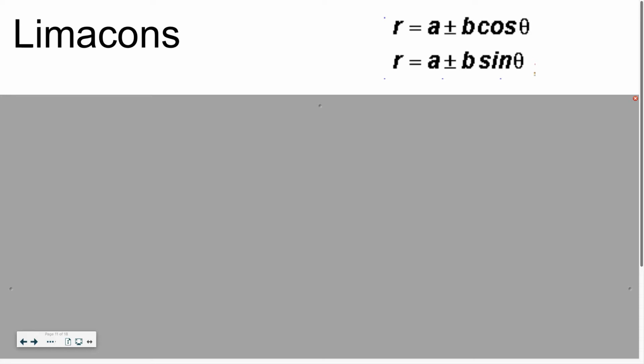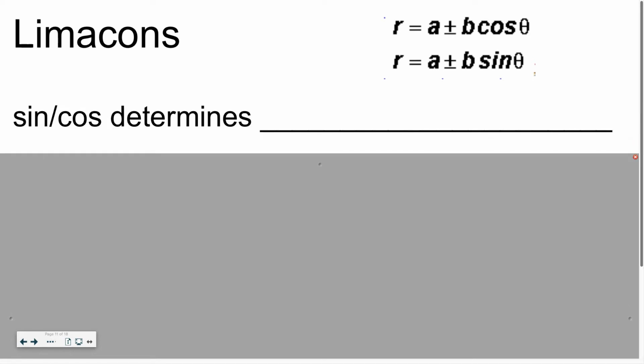If we have cosine, what 2 major directions are we looking at? Right and left, depending on whether there's a plus or a minus between a and b. If we have sine, then it's going to be up or down. They're not going to be diagonal, that is for sure.